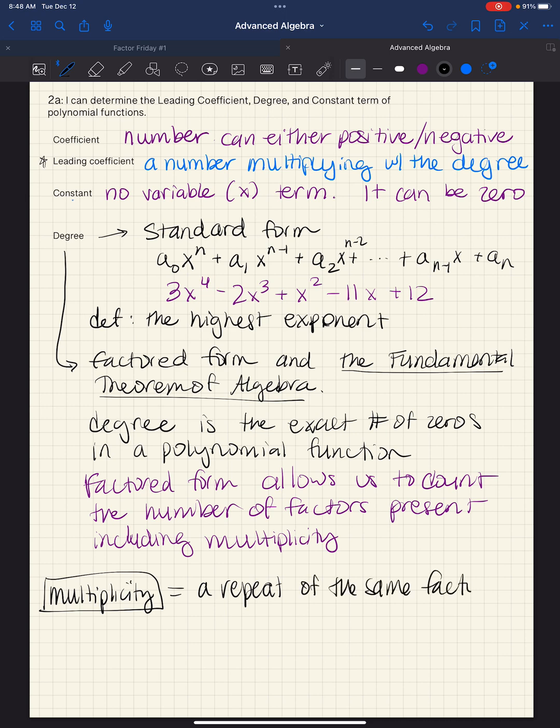Okay, so this is just all the definitions that I believe you should have in your notebook. We started out pre-strike time pretty much defining these almost every time we saw one another, so it's really important that you know these. But let's get into an example where we can see them all in play, especially with the factored form. Okay, so here's an example.